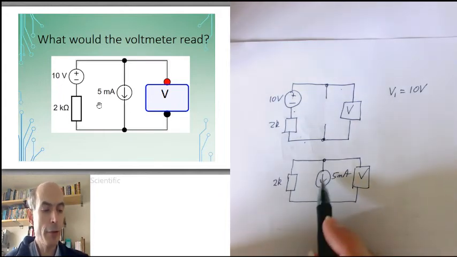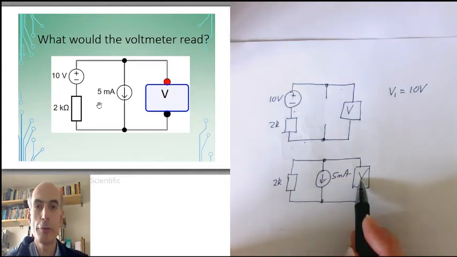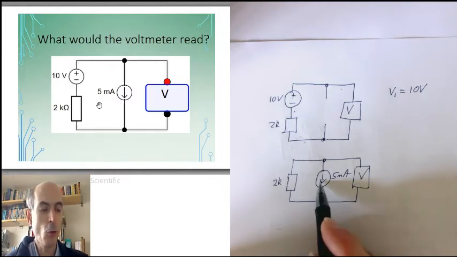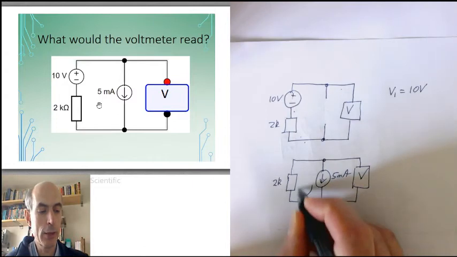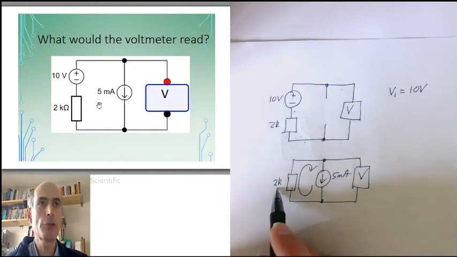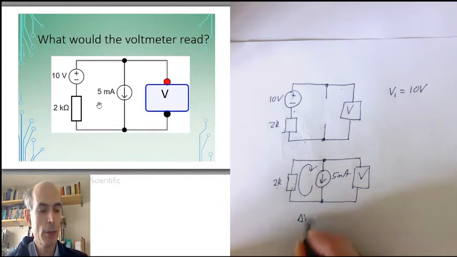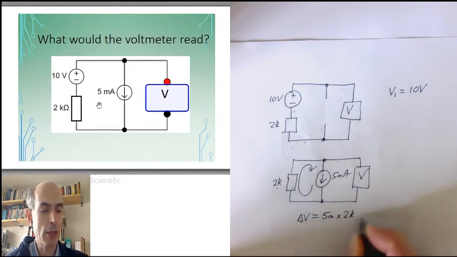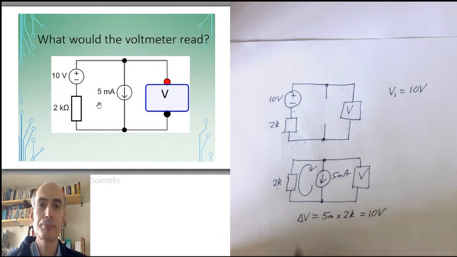Now, none of the 5 milliamps can flow through the voltmeter because voltmeters have an infinite resistance. So all of that 5 milliamps will be flowing round the circuit like this through the 2K resistor. If you've got 5 milliamps flowing through a 2K resistor, then the voltage difference across the 2K resistor will just be 5 milliamps times 2K, or 10 volts.